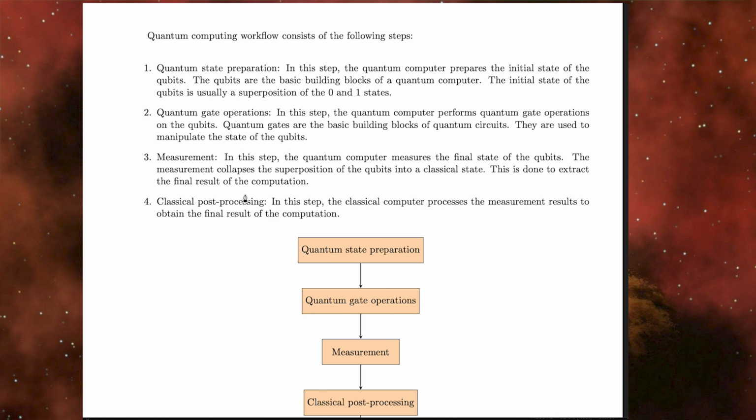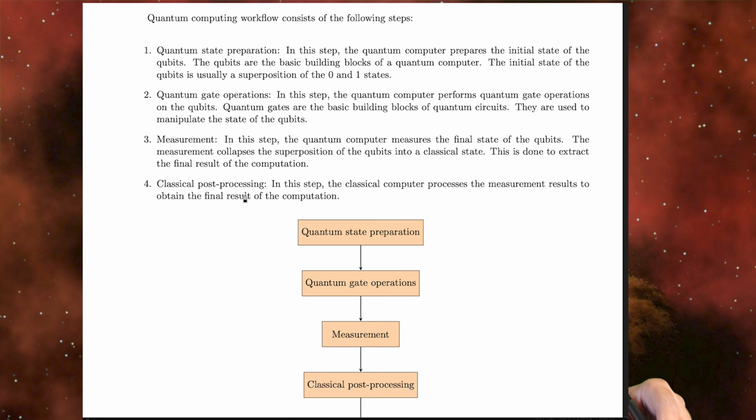The quantum computing workflow consists of the following steps. First, we have what is called quantum state preparation. This means that the quantum computer prepares the initial state of the qubits. The qubits, those are the basic building blocks of information in quantum computers, will be prepared in a specific initial state.